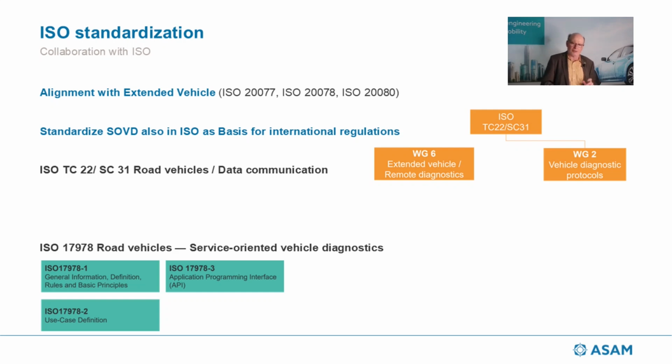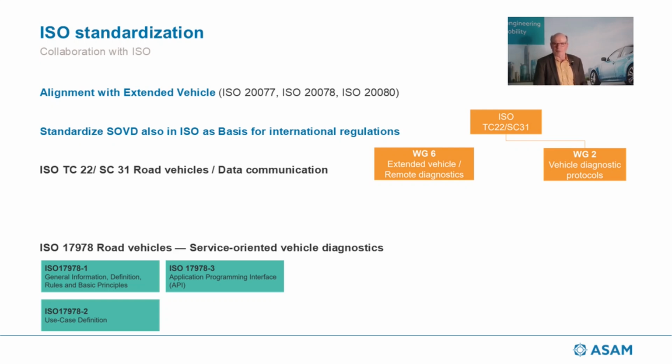The work is not so easy, because first of all, and let me start here, you see that our ASAM SOVD standard is split in 3 parts. Part 3 is more or less the API, which we have looked at in more detail. Part 1 is general information, and part 2 describes the use cases, like access to faults, like reading of data.